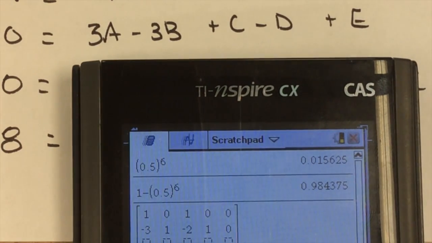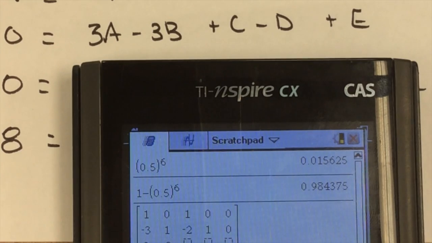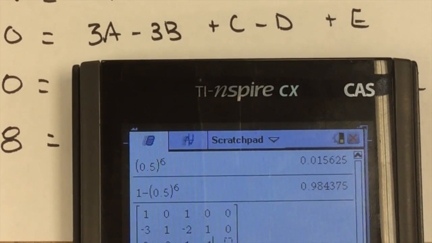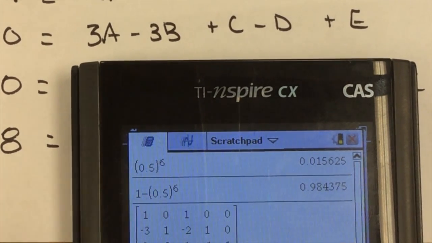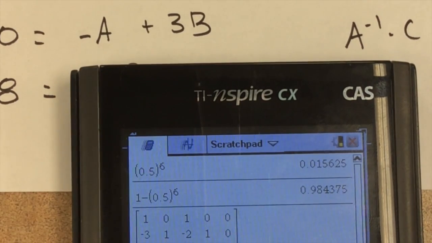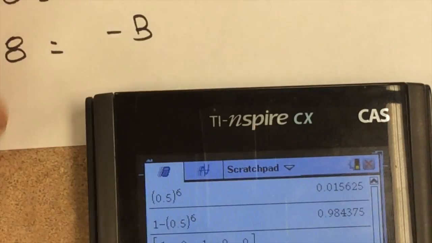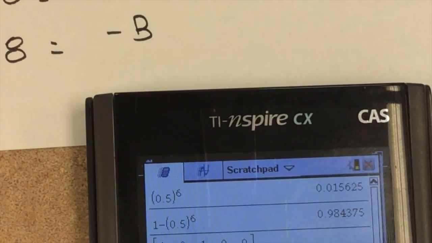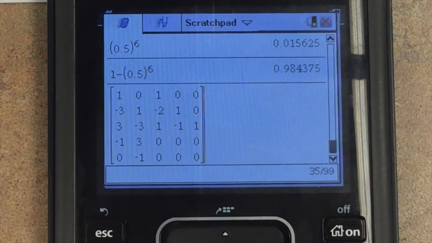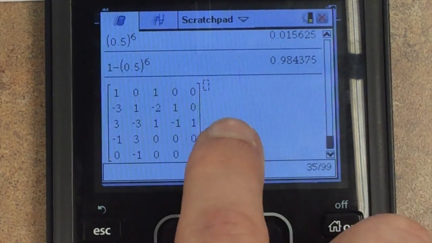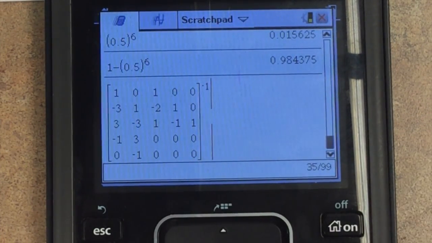My third equation, my coefficients are 3, negative 3, 1, negative 1, 1. My fourth equation is negative 1, 3, 0 c's, 0 d's, 0 e's. My fifth one is 0, negative 1, 0, 0, 0. And I want the inverse of that, so I hit the caret, which gives me my exponent of negative 1, and I do times.